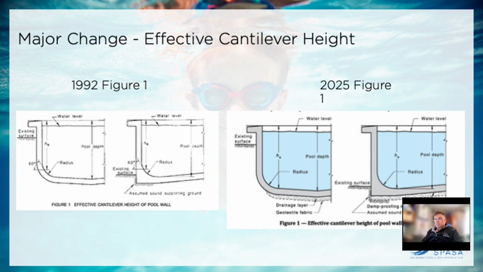Previously, what you see on the left-hand side there, which is the 1992 figure 1, which is the effective height, which from an engineering point of view the design is based upon, was taken from the top of the pool level, not from the water level, but from the top of the pool level, down to where it intersects with a radius at 60 degrees of a curve.